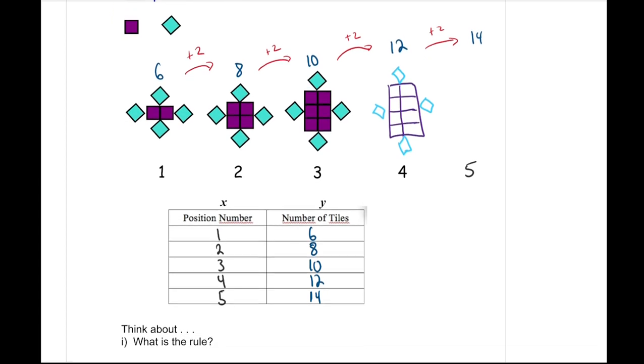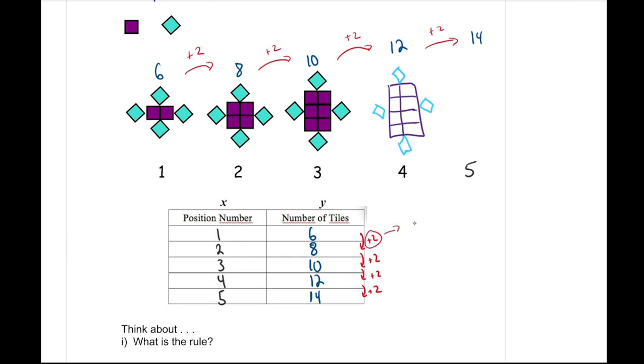Now we want to think about what is the rule. Well, again, here, it's really easy to see because there's two things. One, we can see what we're increasing by every single time. One in the tiles. Every increase for every position change, we're increasing by 2. We can visually see that we're doing that.